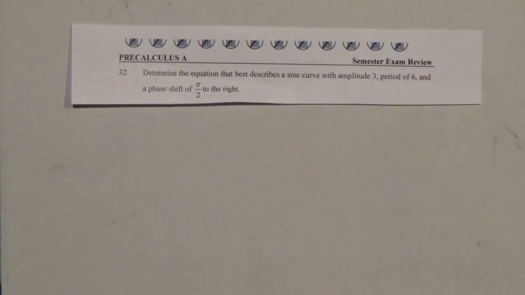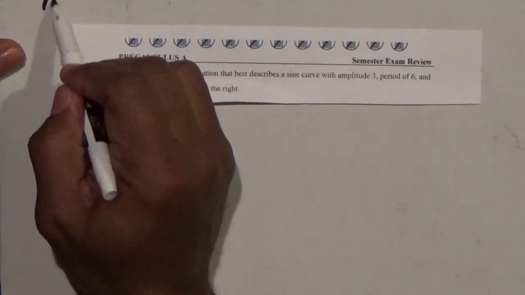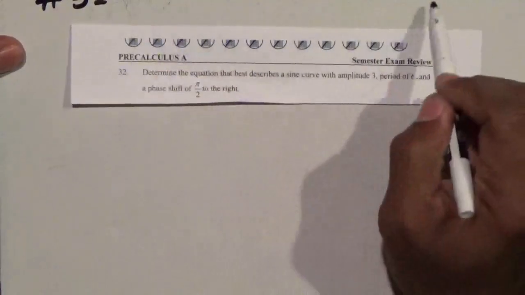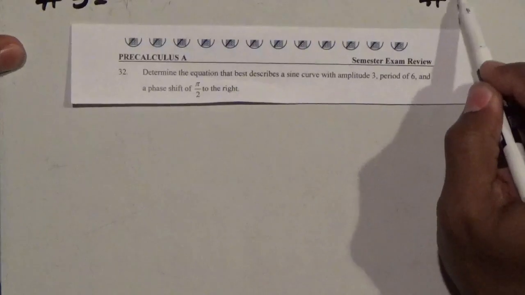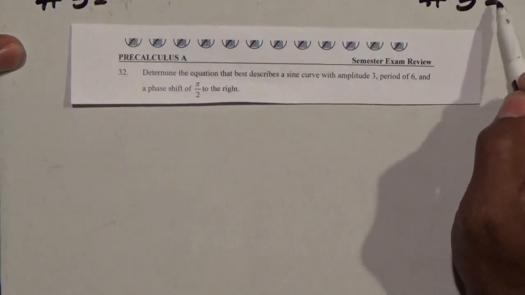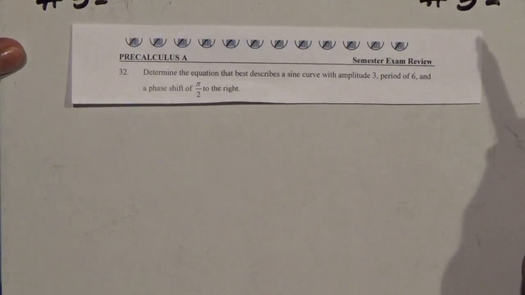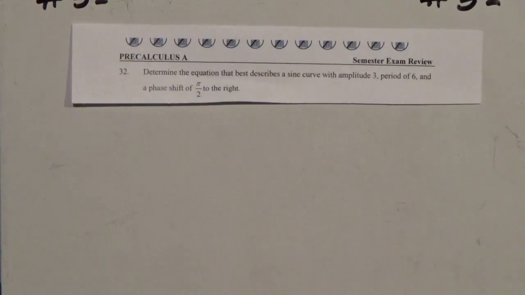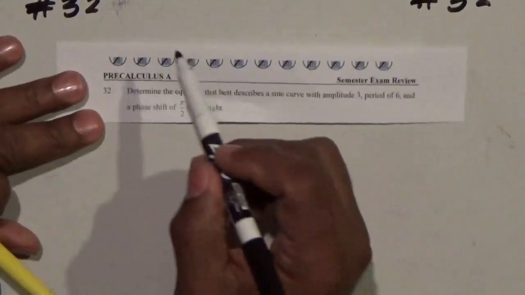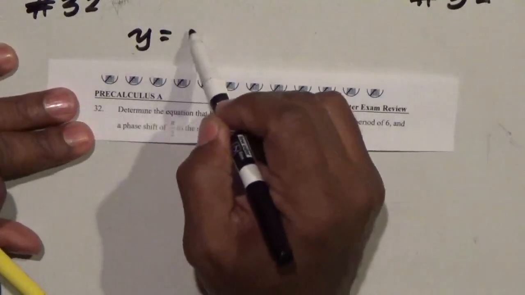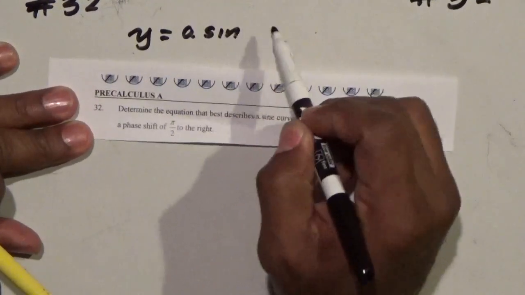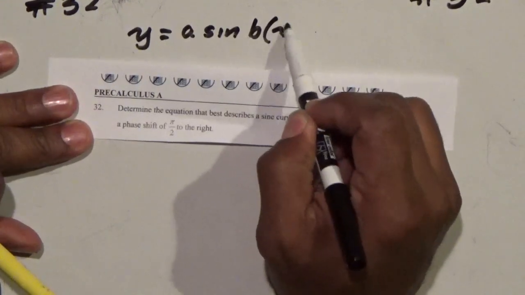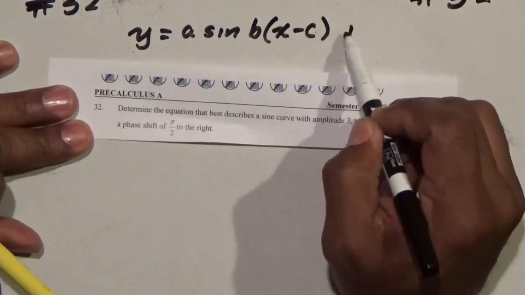Problem number 32 says determine the equation that best describes a sine curve with amplitude 3, period of 6, and a phase shift of pi over 2 to the right. So we're making that equation y is equal to a sine b x minus c plus d.